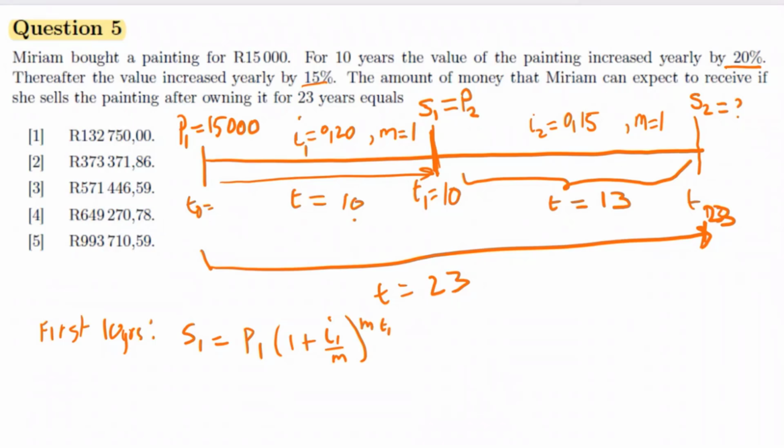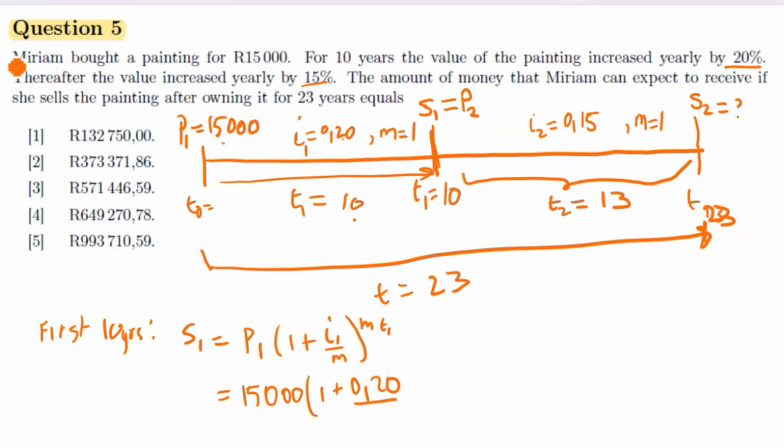That is the first 10 years. I noted everything with a subscript; for the first, I've given it 1. So the P1 you are given there is 15,000. You've got 15,000 into 1 plus the interest rate there, which is 20%.